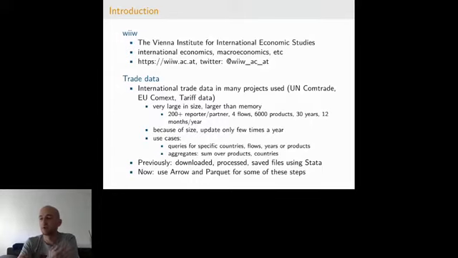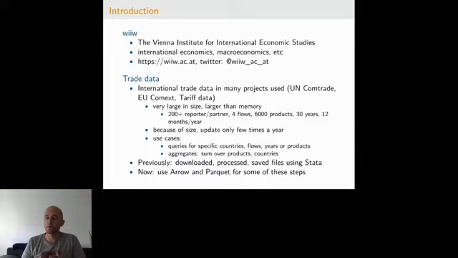And we have several use cases in our institute. Either we're interested in very specific queries, so queries for specific countries, flows, years, or products, or we aggregate the trade data, for example, calculate bilateral trade flows, so we sum over all products.